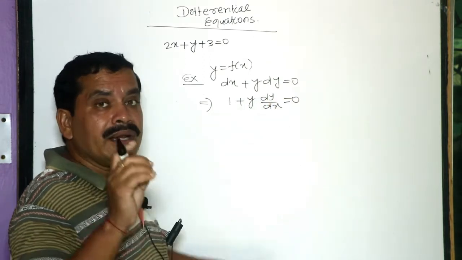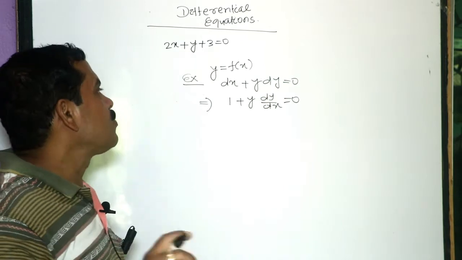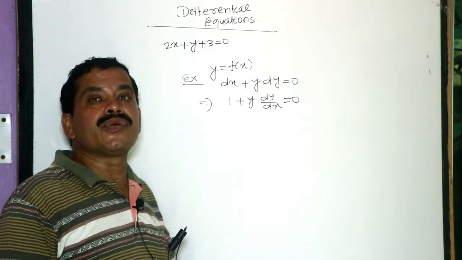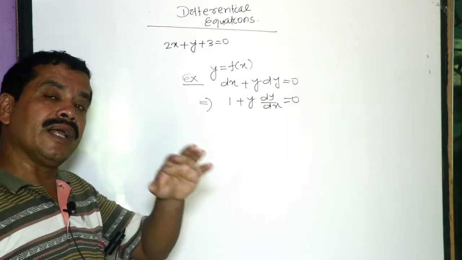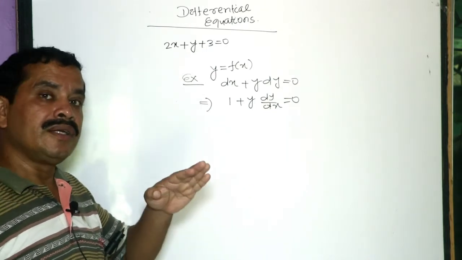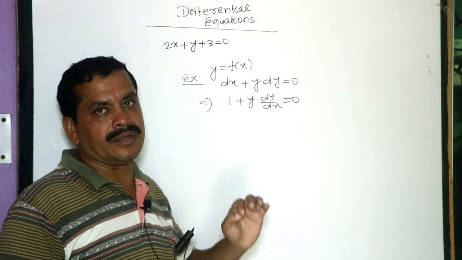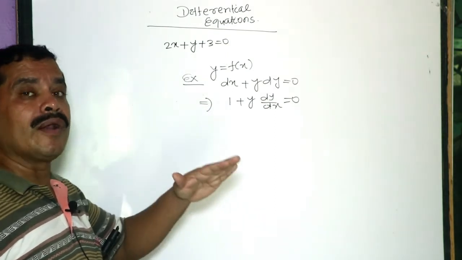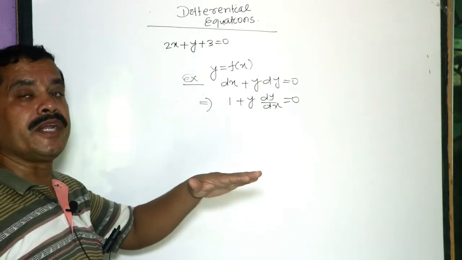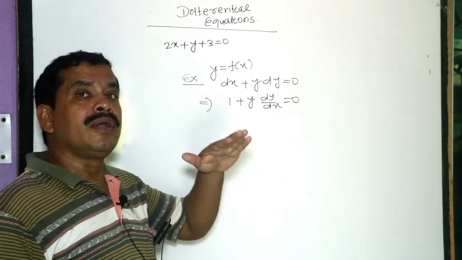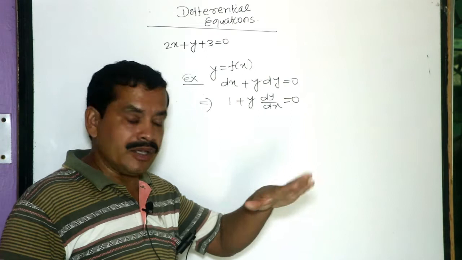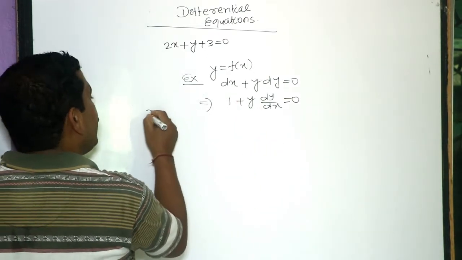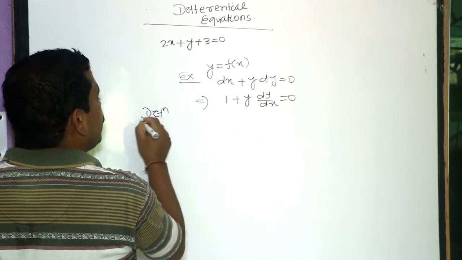So this is a differential equation. An equation which involves the derivative of one or more dependent variables with respect to one or more independent variables is known as a differential equation. That is the definition of the differential equation.